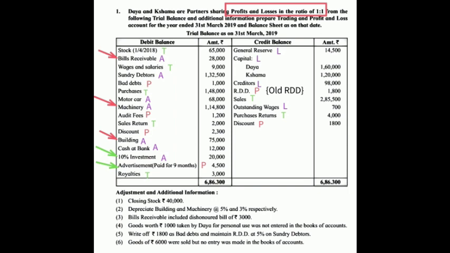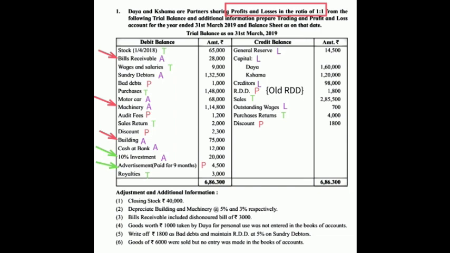Now after writing all the account names, we are going to post these entries into the respective accounts. After posting all the entries, we have to see the adjustment part.